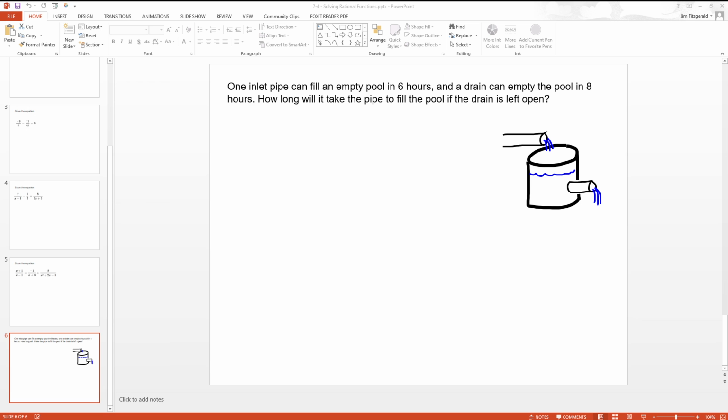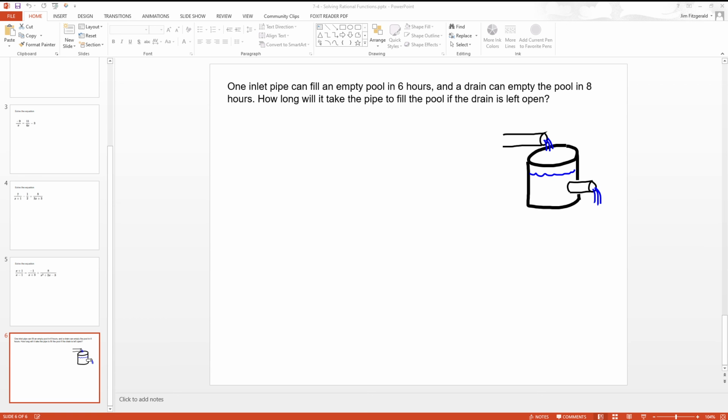And then 24 divided by 8 is 3t, so minus 3t. And that's going to be 24. And so when I combine those like terms, I get t is equal to 24. So it looks like it's going to take 24 hours.